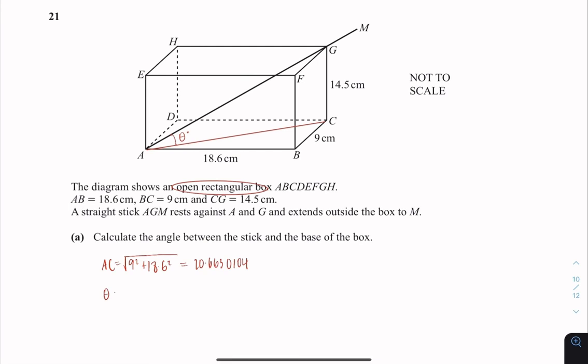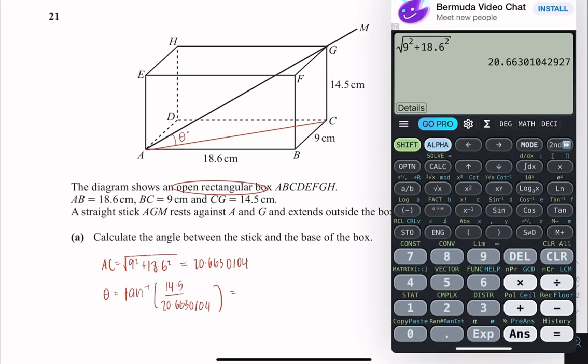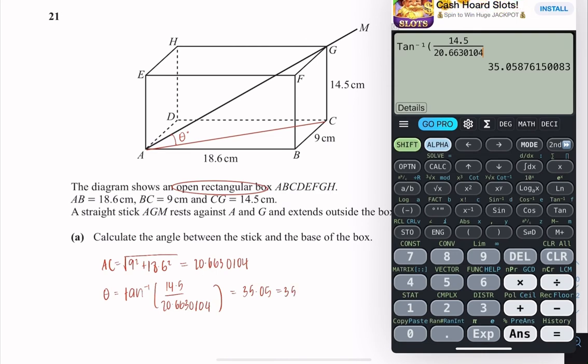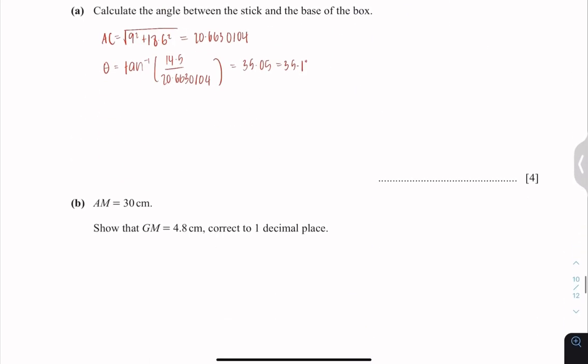To find theta, that would be shift tangent of 14.5 divided by 20.663104, and my answer is 35.05, which gives us 35.1 degrees.